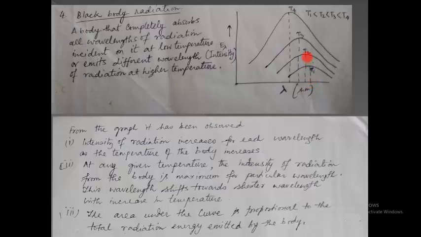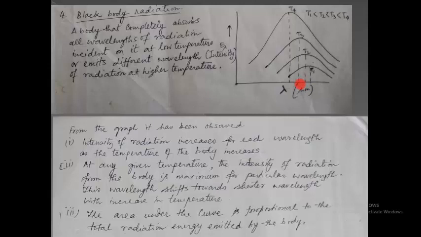Again, going to the second curve, which is a black body kept at temperature T2, there is a similar pattern: with the wavelength, the energy density increases, reaches a maximum and then decreases. So for this maximum energy density, you have a particular value of wavelength, another lambda m, the wavelength maximum, where you have the maximum energy density.